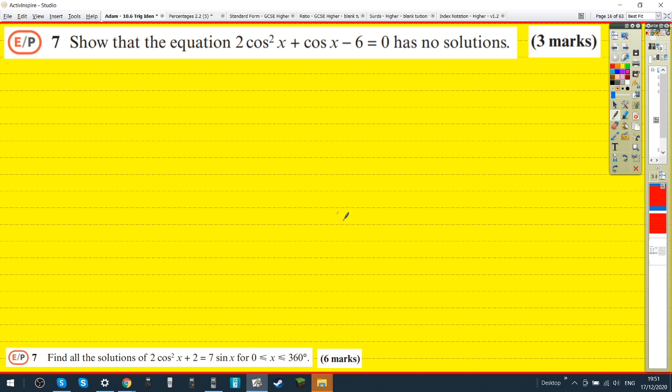So you could make it cos A first. Yeah. 2A squared plus A minus 6 equals 0. Okay, and then you put it into the calculator.